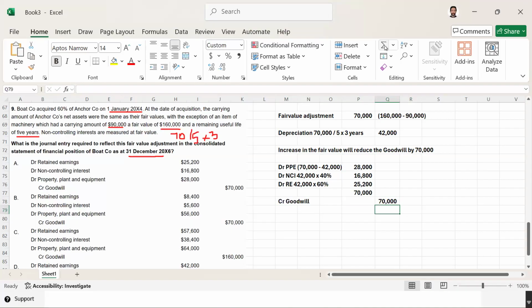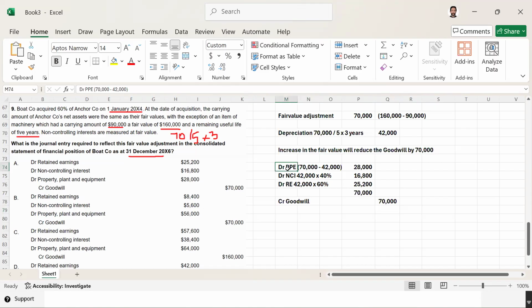I hope this is clear, that we first of all had the fair value adjustment. This asset has a life of 5 years. The depreciation for 1 year is 14,000. For 3 years is 42,000. So we are going to have the value of the asset, that is 70,000 less 42,000, which we did here.